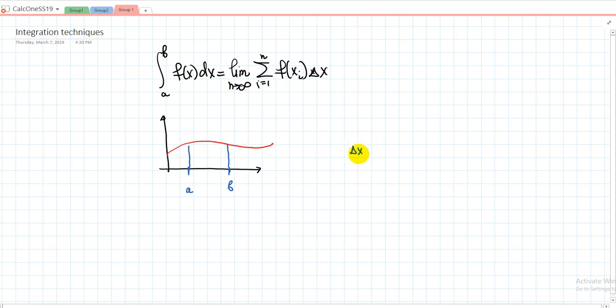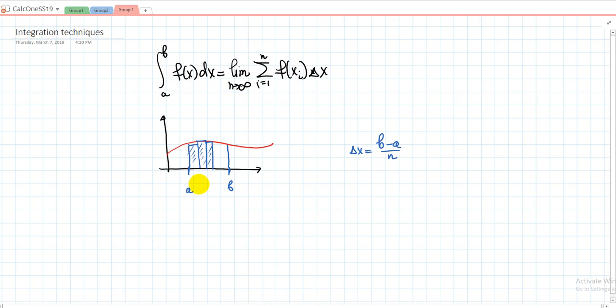So delta x will be the width of each subinterval. Then we'll split this into n small rectangles, right? And by finding the sum of the areas of all the rectangles, we will roughly evaluate the area under the curve in this interval between a and b.